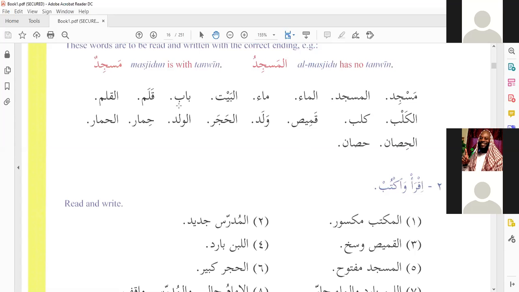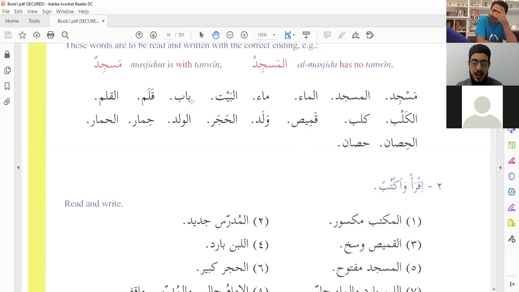So hear how Mir put the tanween at the end. He didn't say babu, he said babun. She put the tanween on the end because it does not have an alif lam. So we know that it is definite and it loses its tanween. Good. Up to Dr. Muhsin, the following word.